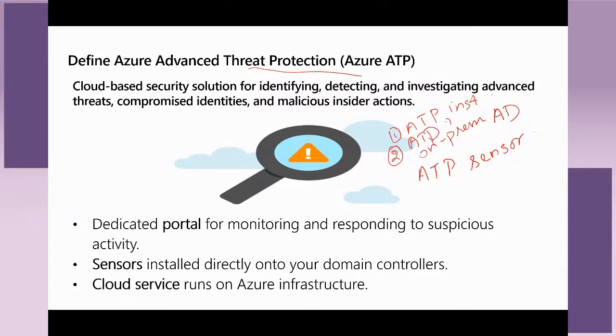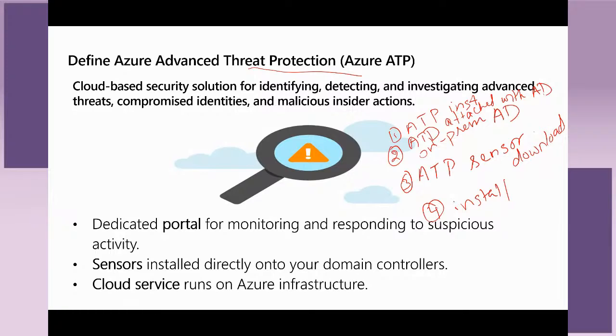As a third step, you download this ATP sensor onto the Active Directory, that is nothing but the domain controller. Fourth step, install this downloaded ATP sensor on your domain controller.